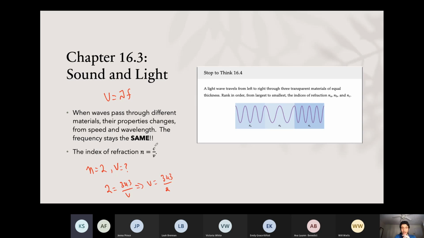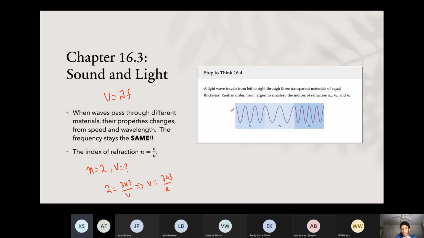So for our question: a light wave travels from left to right through 3 transparent materials of equal thickness. Rank in order from largest to smallest the indices of refraction in A, B, and C. Let's say this is vacuum, so it has a normal wavelength.